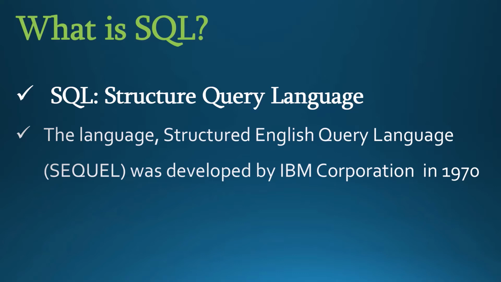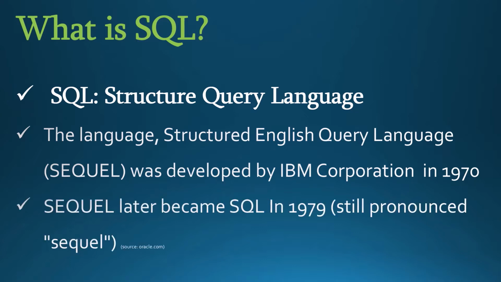Earlier it was called SEQUEL, meaning Structured English Query Language, and it was developed by IBM Corporation in 1970. Then SEQUEL became SQL in 1979, but still most people pronounce it as SEQUEL.